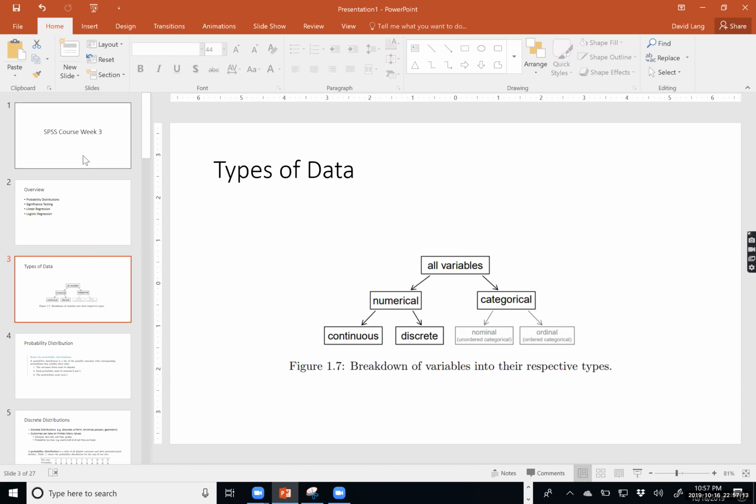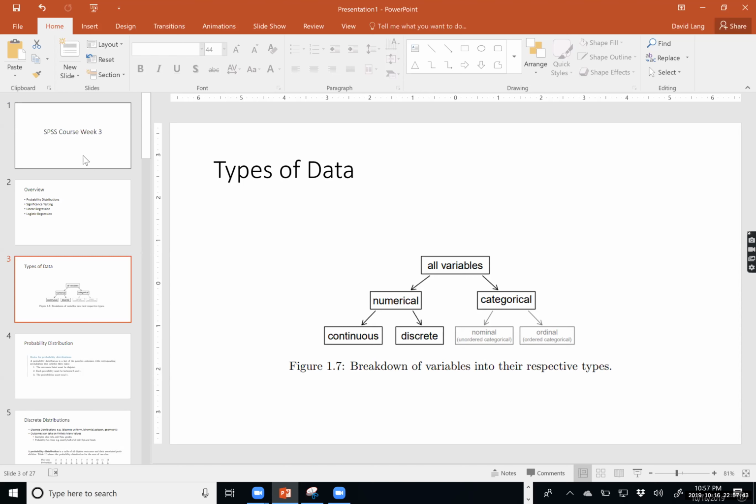For something like temperature, you have values from basically anywhere between 0 degrees Kelvin and hundreds of thousands of degrees, if not higher. And almost any point in between can be represented as a real value and could potentially occur.